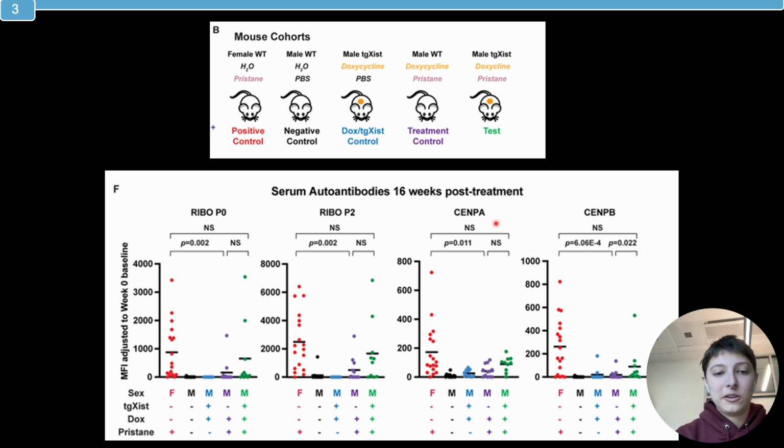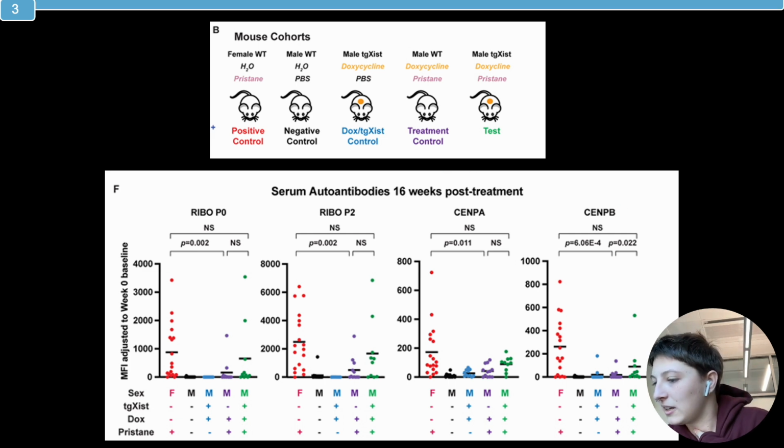And again, you see this trend where, at least for all of them, you get this non-significant difference between the females and the positive control, which is pretty cool to see, where there are differences between the test and the other males in the study. So this is again supporting their claim that at least the test group is making similar autoantibodies as the wild type female, and that these are happening at a different level than the other males in the study.